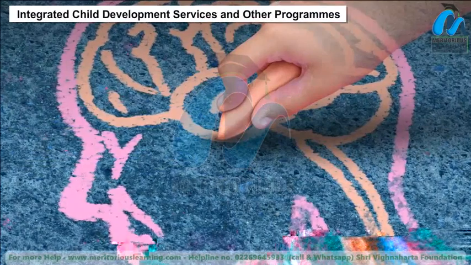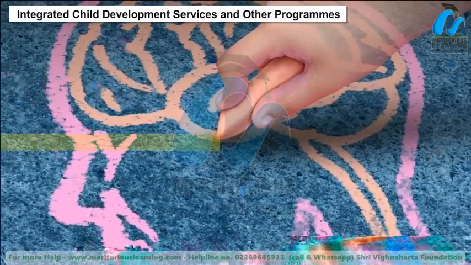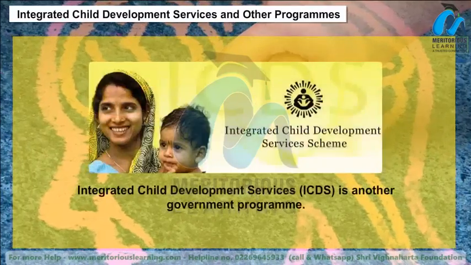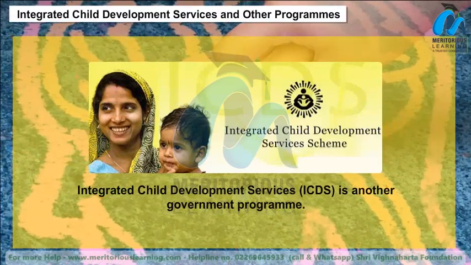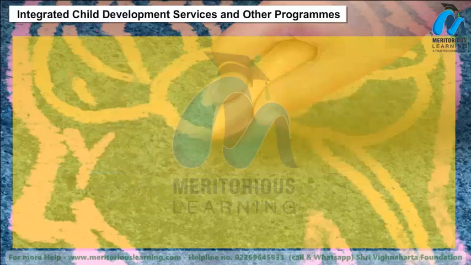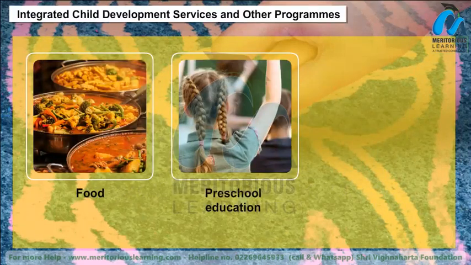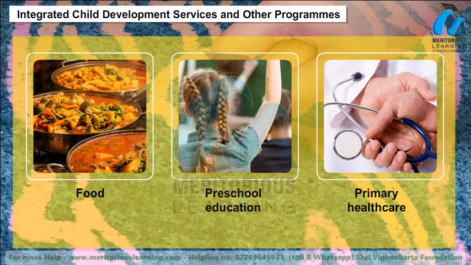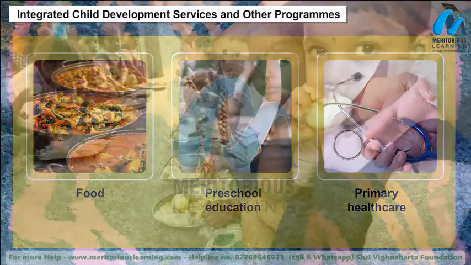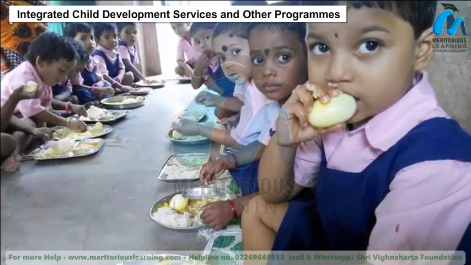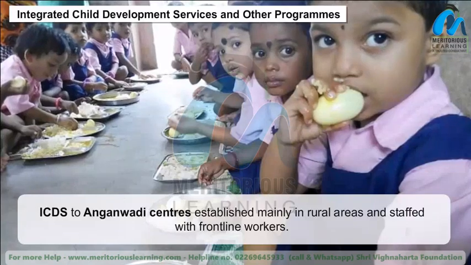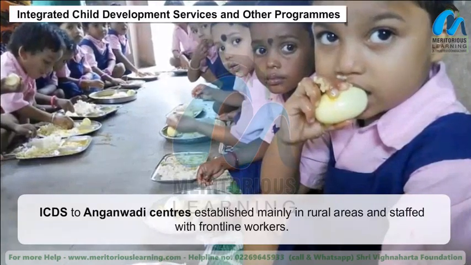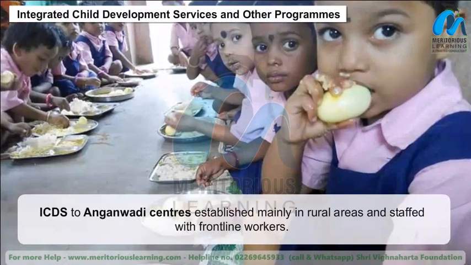Integrated Child Development Service, and other programs. Integrated Child Development Services, or ICDS, is another government program which provides food, preschool education, and primary health care to children under 6 years of age and their mothers. 10th Five-Year Plan also linked ICDS to Anganwadi centers, established mainly in rural areas and staffed with frontline workers.